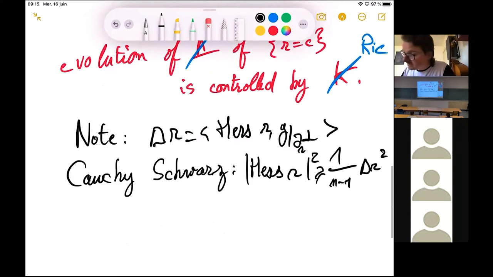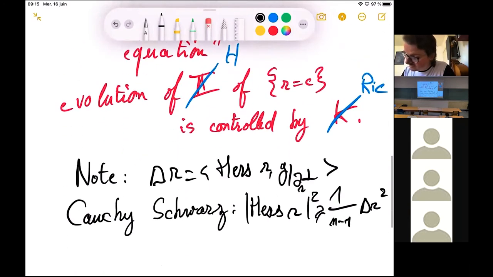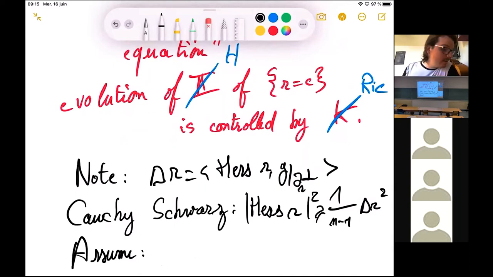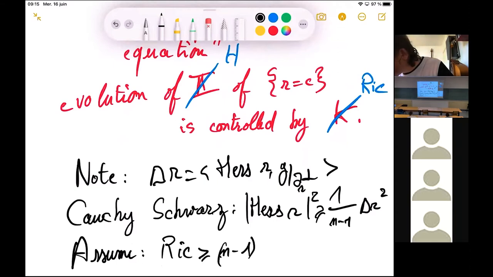And now, if we assume that we have a lower bound on the Ricci curvature, for instance Ricci greater than n minus 1 times k, which is the usual normalization. If you want to compare to the sphere, you would take k equal 1, and to compare to the hyperbolic space, you would take k equal minus 1.